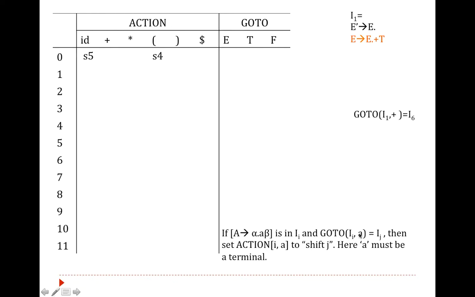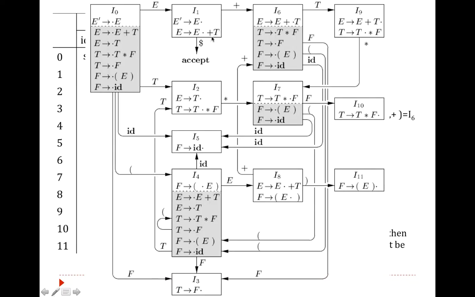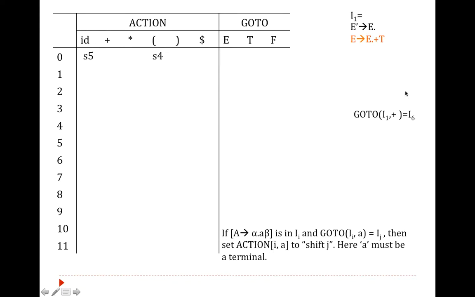Goto from I1 with plus results in I6, so this becomes the j. So the action for I1 and plus is shift to 6. This is how we have constructed it.